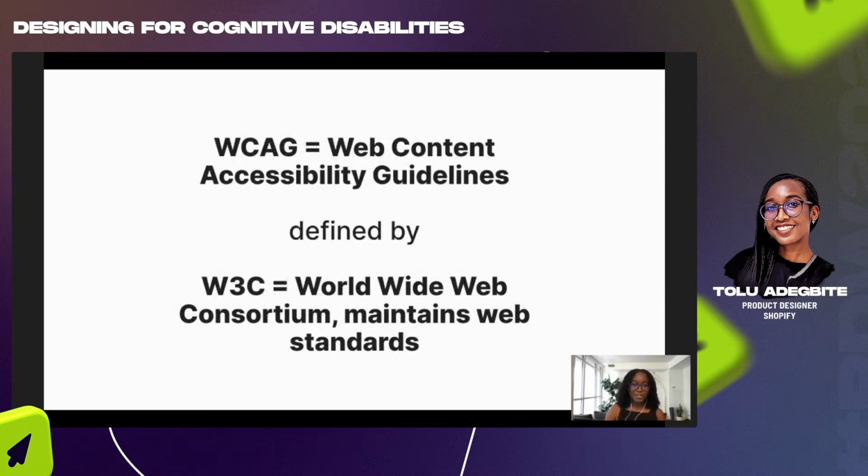We're also going to talk about WCAG for a second. WCAG is the Web Content Accessibility Guidelines, which are defined by W3C, the World Wide Web Consortium, which maintains web standards around the world. WCAG are the guidelines we use to make sure the things that we create are accessible. It's a little bit like a checklist of things that you need to do in order to meet basic accessibility standards. It's really important to realize, though, that this checklist is a starting point.